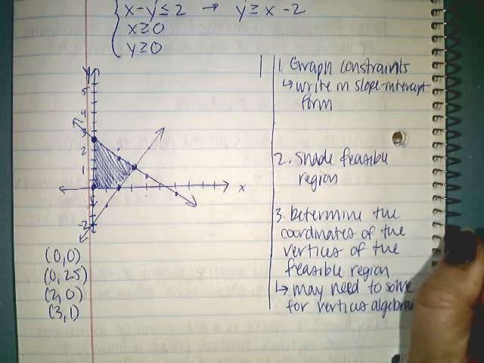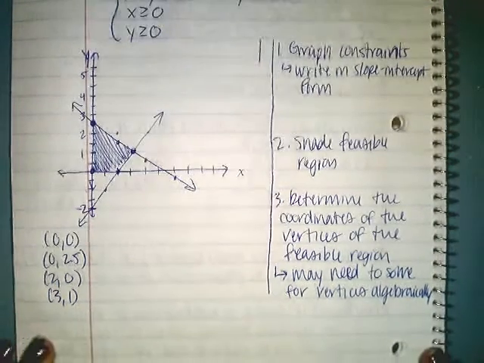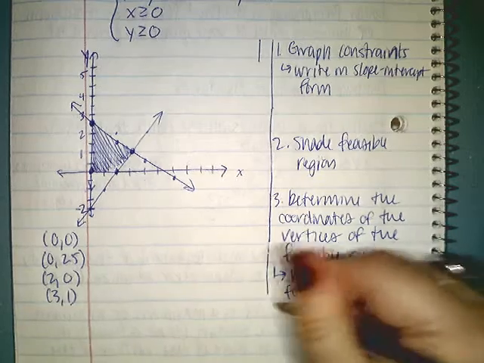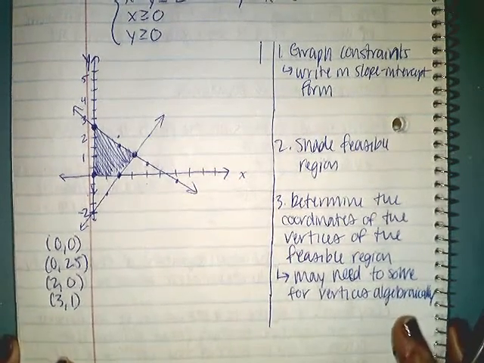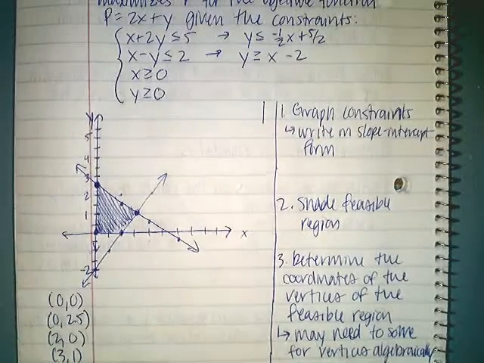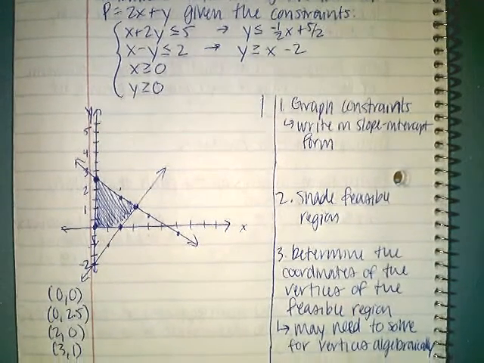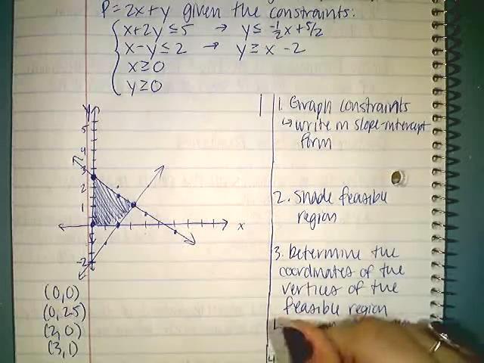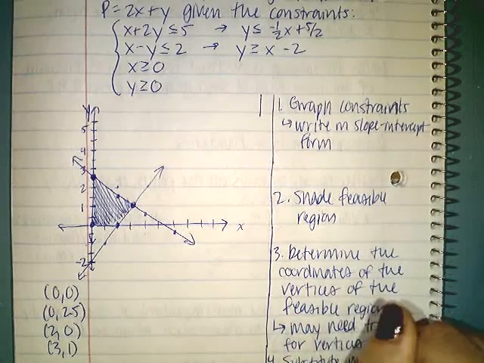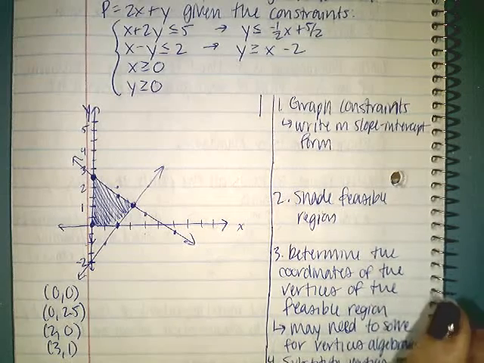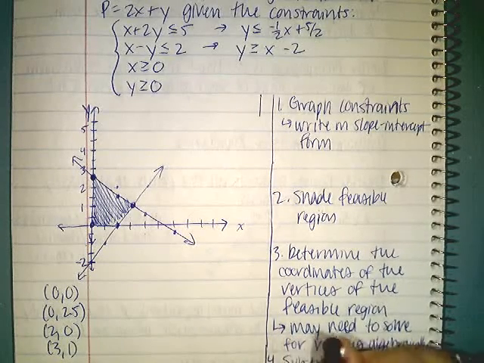In this problem, we did not need to, but don't think that that will never happen. So now I've identified my maximum value for P is going to be at one of these 4 coordinate points. So I'm going to substitute these into the objective function.